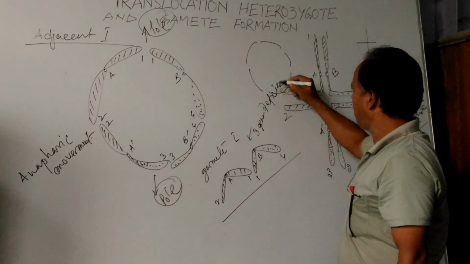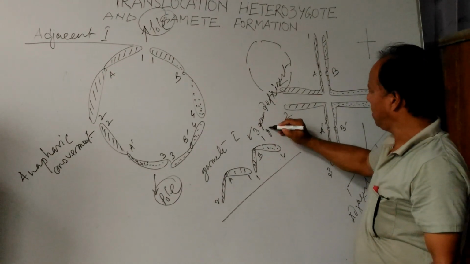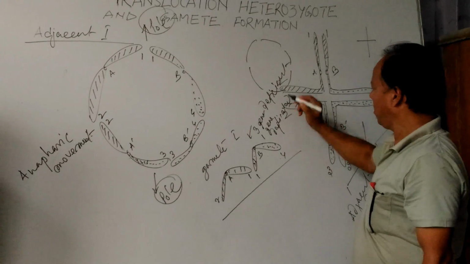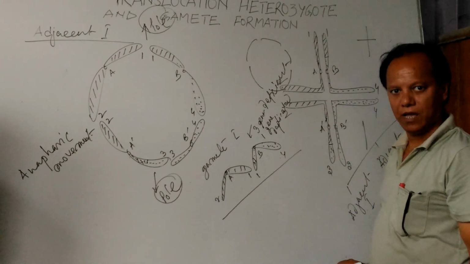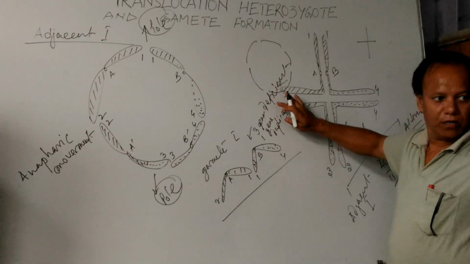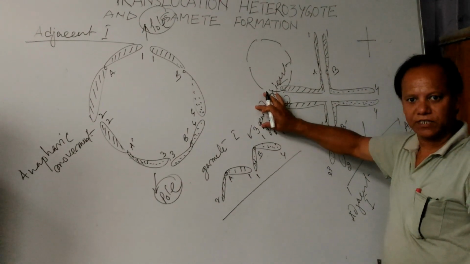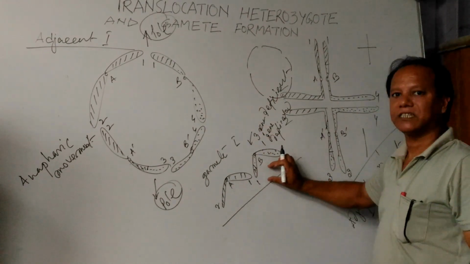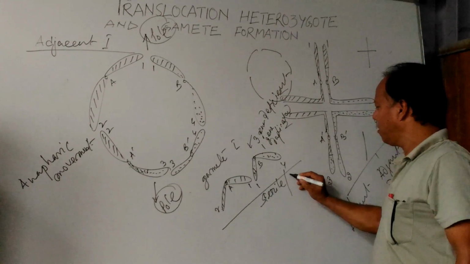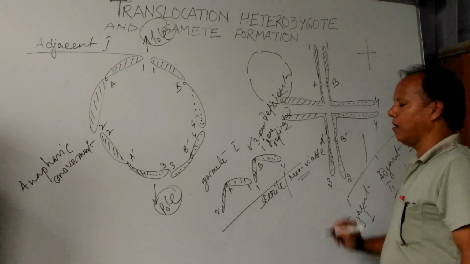So 3 is deleted and gene 1 is duplicated. So due to deletion and duplication, these gametes will be non-viable or sterile.